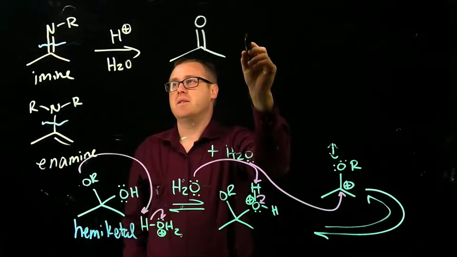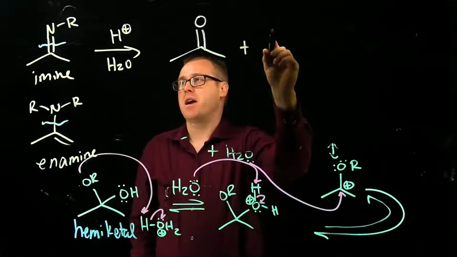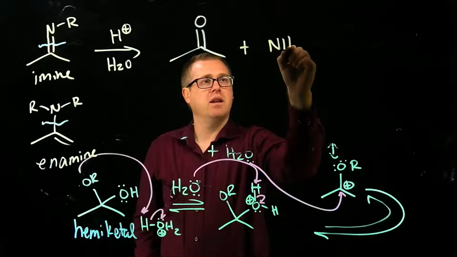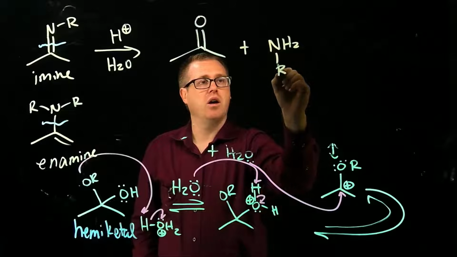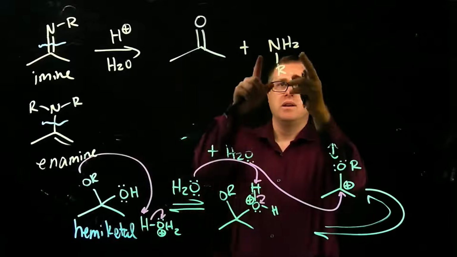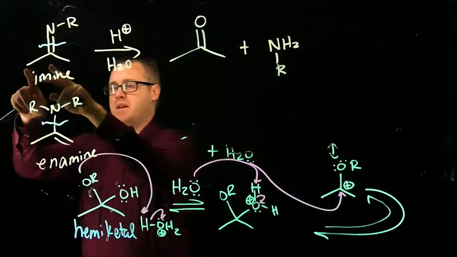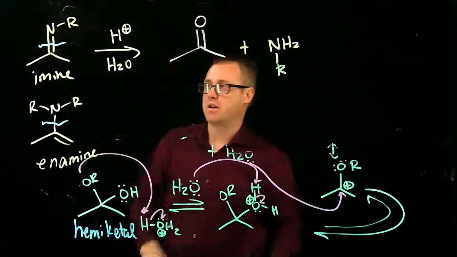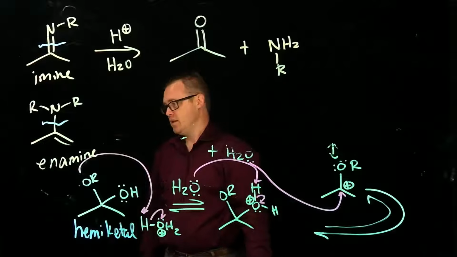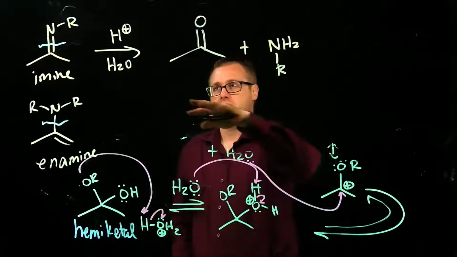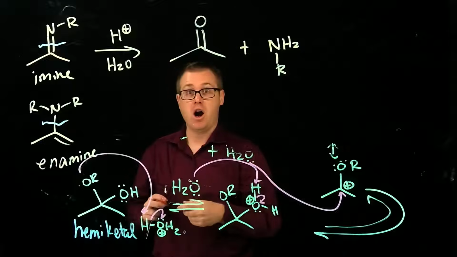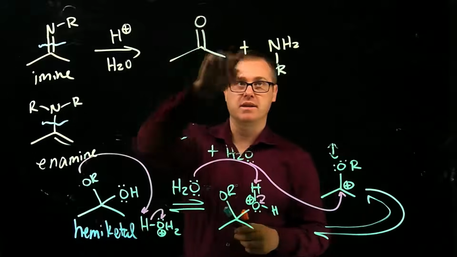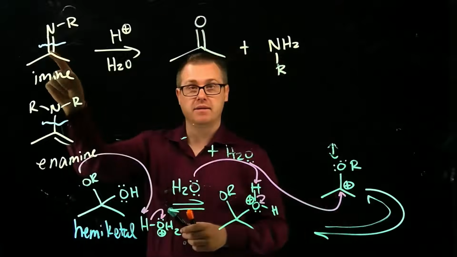So that's going to give us our primary amine, which was NH2R. So this plus this will give us the imine, but then we can hydrolyze the imine back into our ketone. So know the mechanism. It is exactly the opposite mechanism of this forward process, of these two going to that.